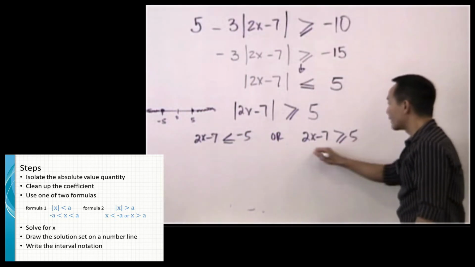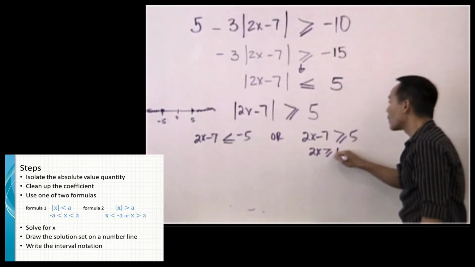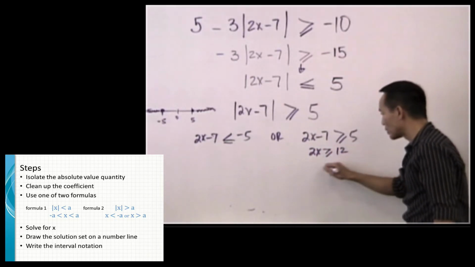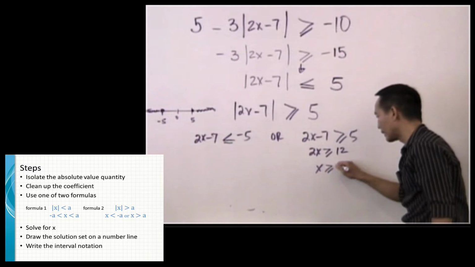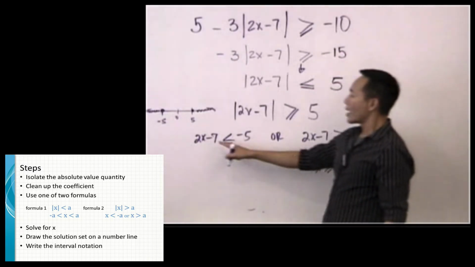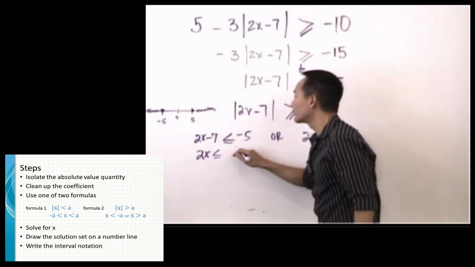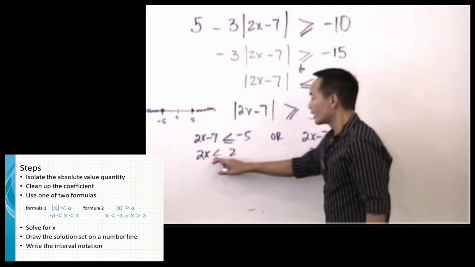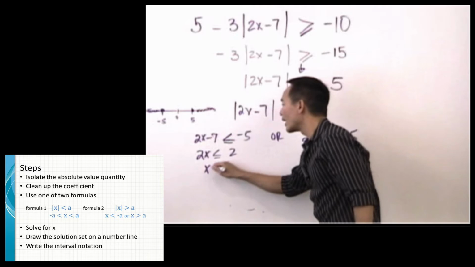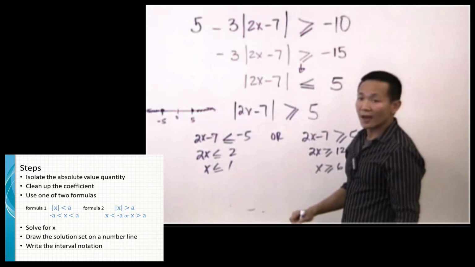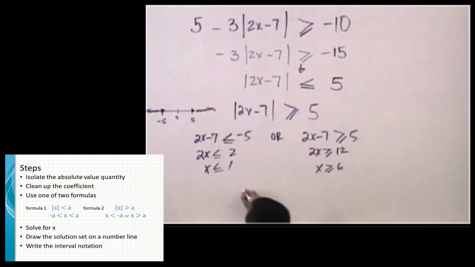I add 7 to both sides. I have 12. I divide both sides by 2. I have 6. I add 7 to both sides. I have 2. I divide both sides by 2. I have 1. And then we graph it. On the number line, I have 1.